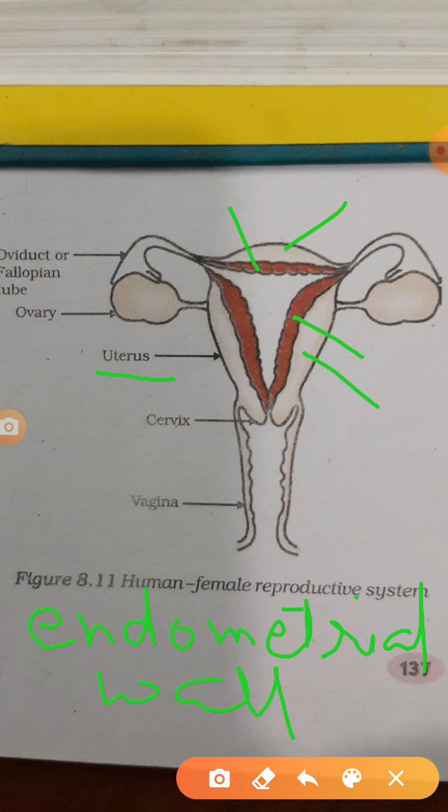It is thick and muscular. The endometrial wall, that is this internal layer of the uterus, undergoes several changes that I will be discussing under a separate heading.